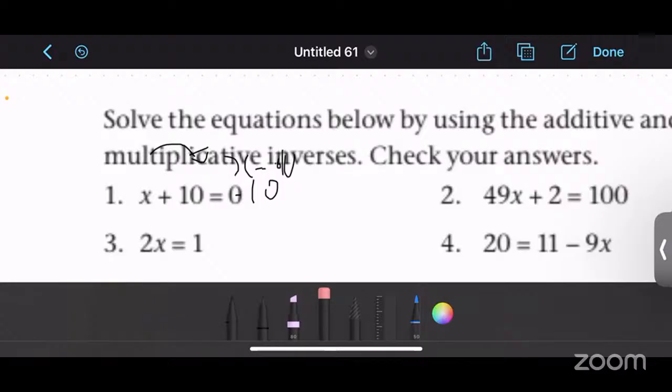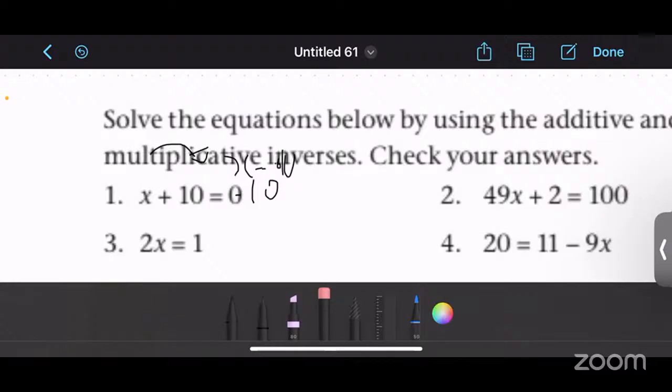We divide the 2x by the 2 and the 1 by the 2. We divide the 2 by the 2, which is equal to x, and x equals a half. Oh, you are on number 3.